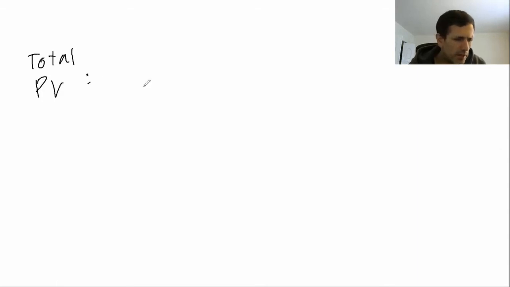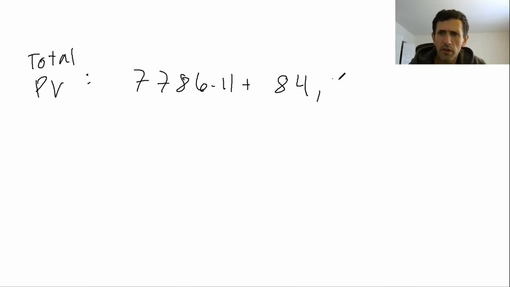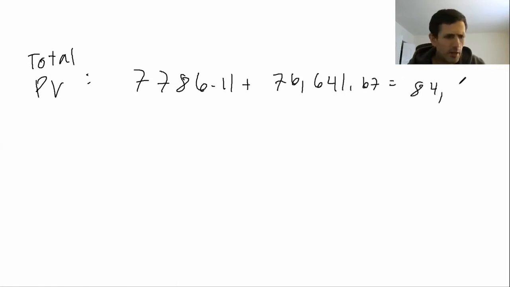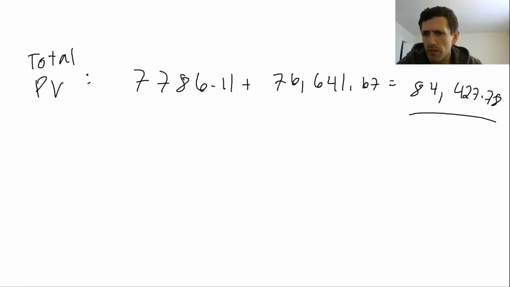So total present value, 7786.11 plus 76,641.67, and you get 84,427 and 78 cents. Sorry, that's the answer.